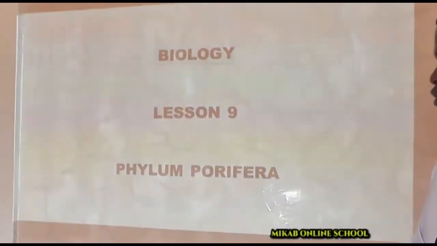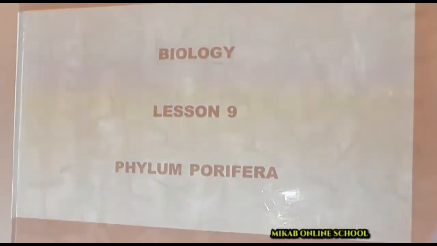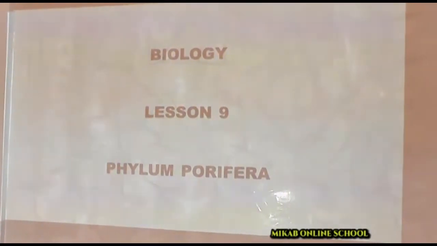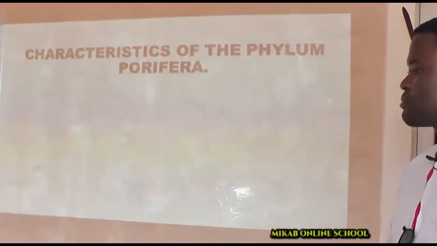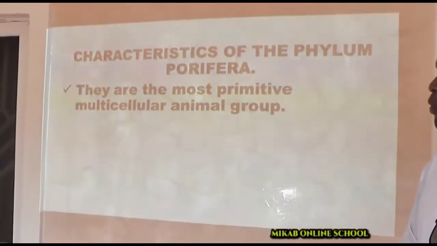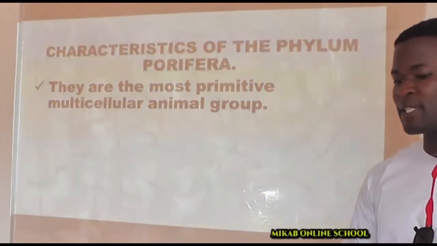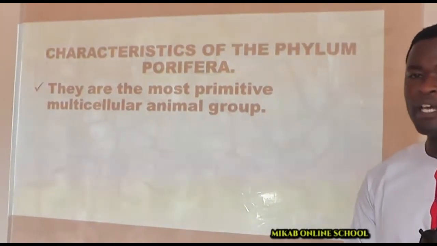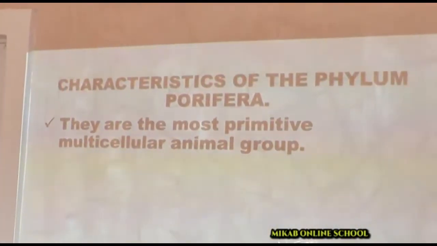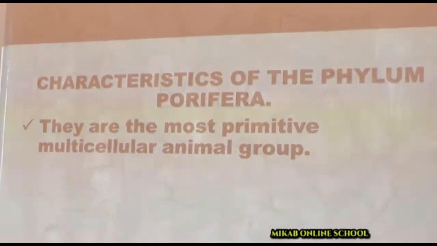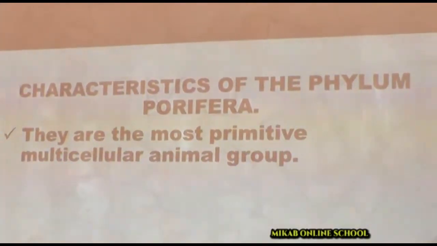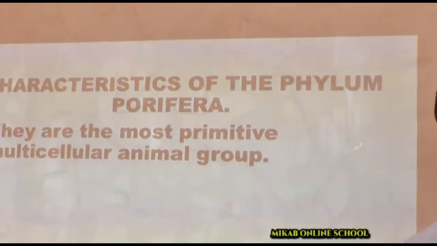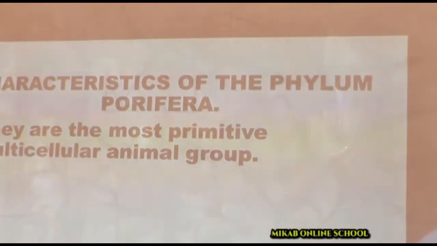Please watch out. This particular group of organisms that we call Porifera are popularly known as the sponges. Now, what can we say about the existence, the life form, and every other thing about this group of animals? Well, actually, they are multicellular, but at the same time, they are also the most primitive of the animal kingdom.